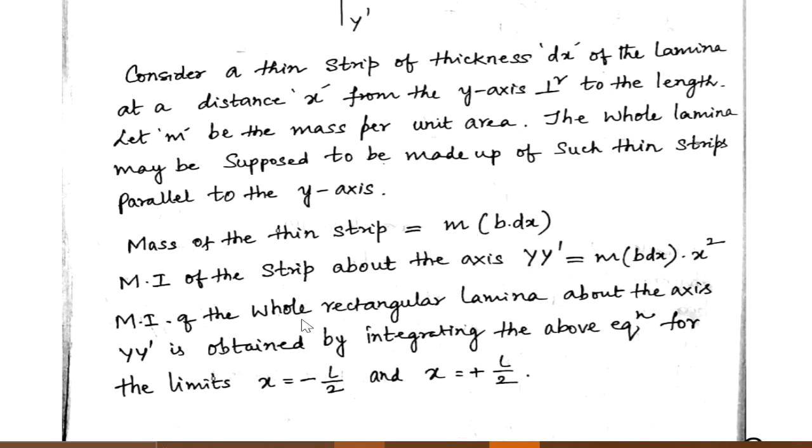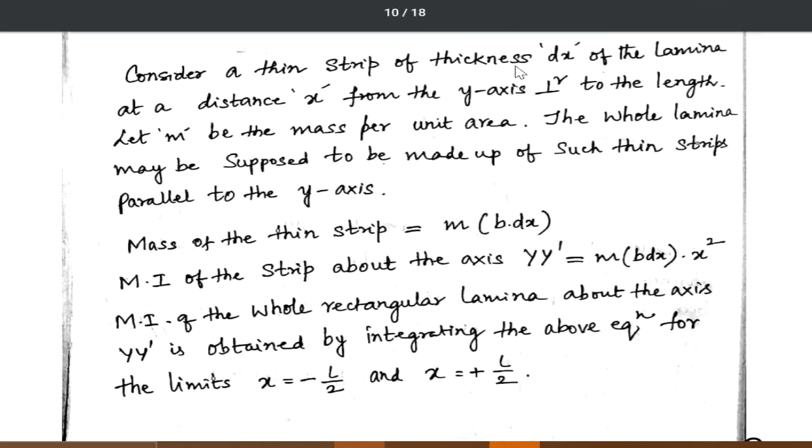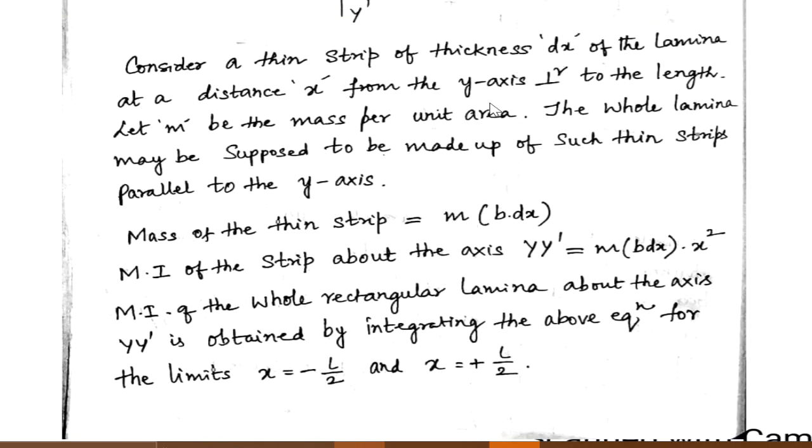Now let us come to the derivation part. Consider a thin strip of thickness dx of the lamina at a distance x from the y-axis, perpendicular to the length. Let small m be the mass per unit area.